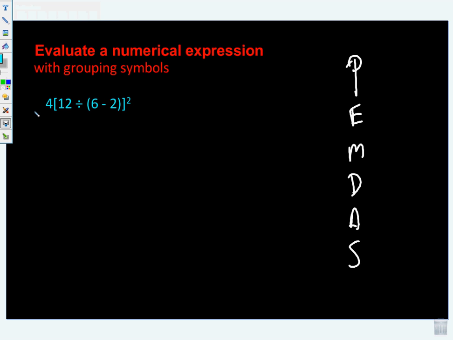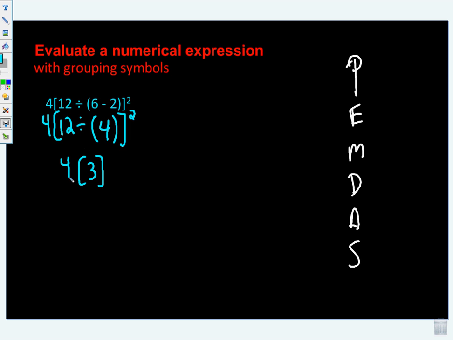After evaluating the innermost part, 6 minus 2 does become 4. But I've still got everything else in this expression left to evaluate. Now I can evaluate everything else inside this bracket, which is 12 divided by 4, which is in fact 3.